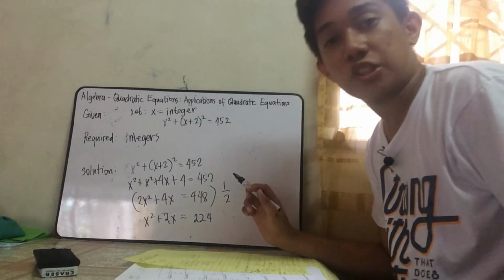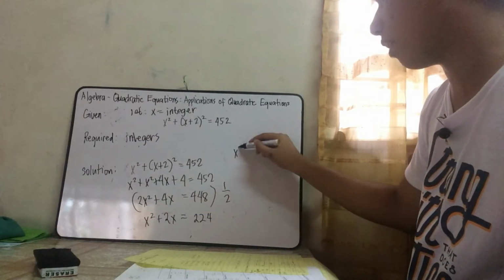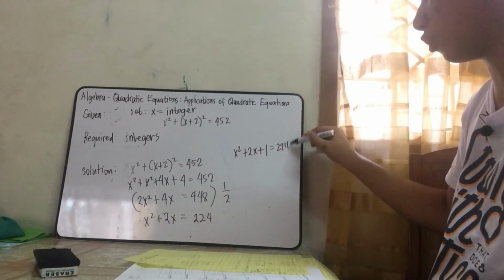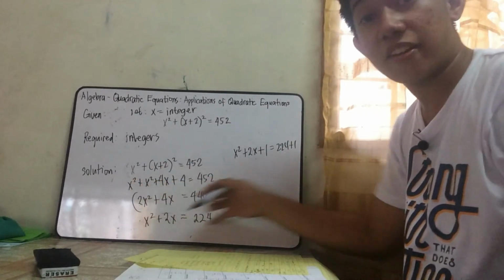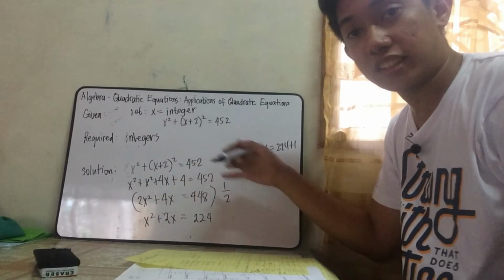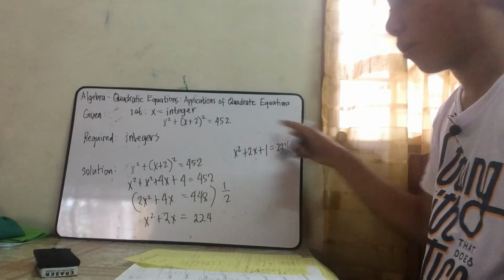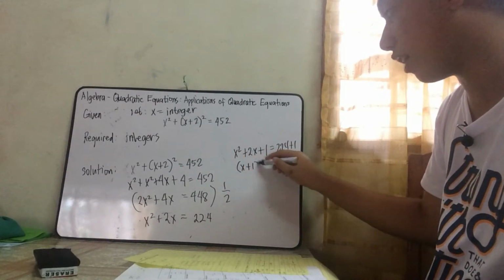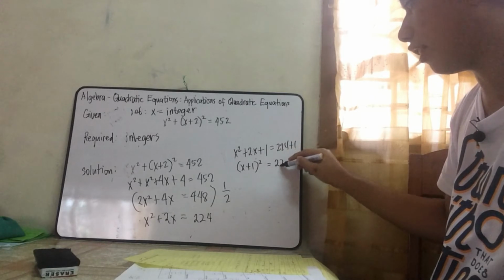So I can do completing the square here. So this becomes x squared plus 2x plus 1 is equal to 224 plus 1. Diba? Pansin na. Meron na tayong nabuong quadratic dito. Then, completing the square tayo, we reduce this one. So x plus 1 squared is equal to 225.